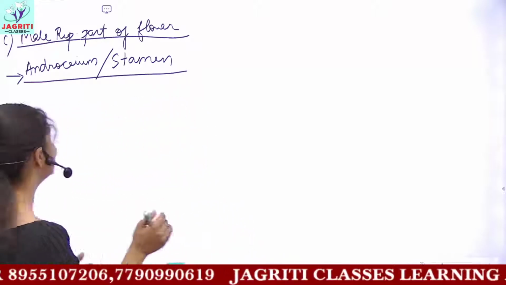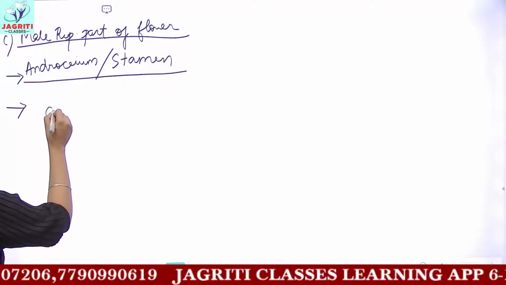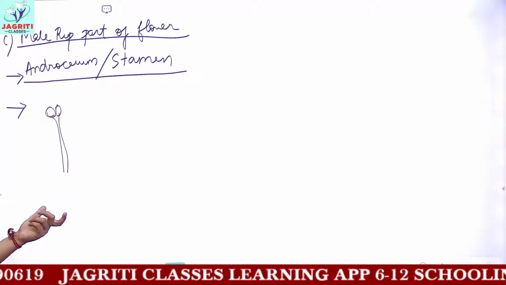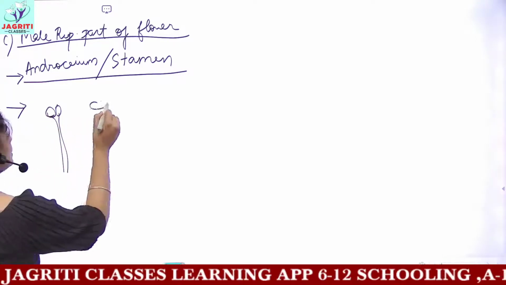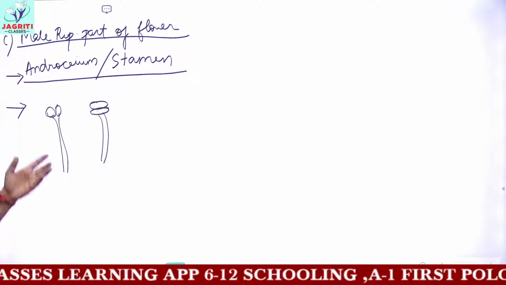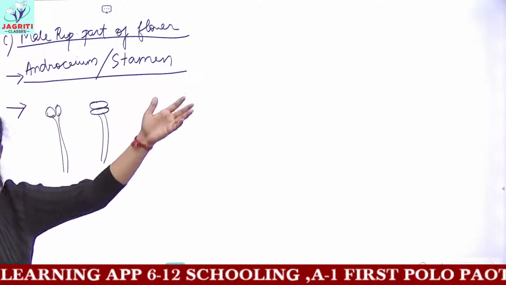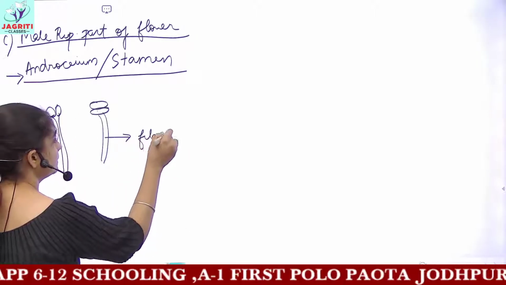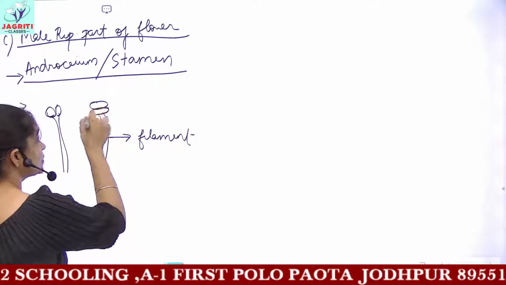Then the next part is, what is the structure of this part? If you see in the diagrams, then you can see this sort of structure is being made in the books. Or you can also have this kind of structure. So this is the structure of the male reproductive part of the flower. This stalk-like part is known as the filament. And then you have this bilobed structure.